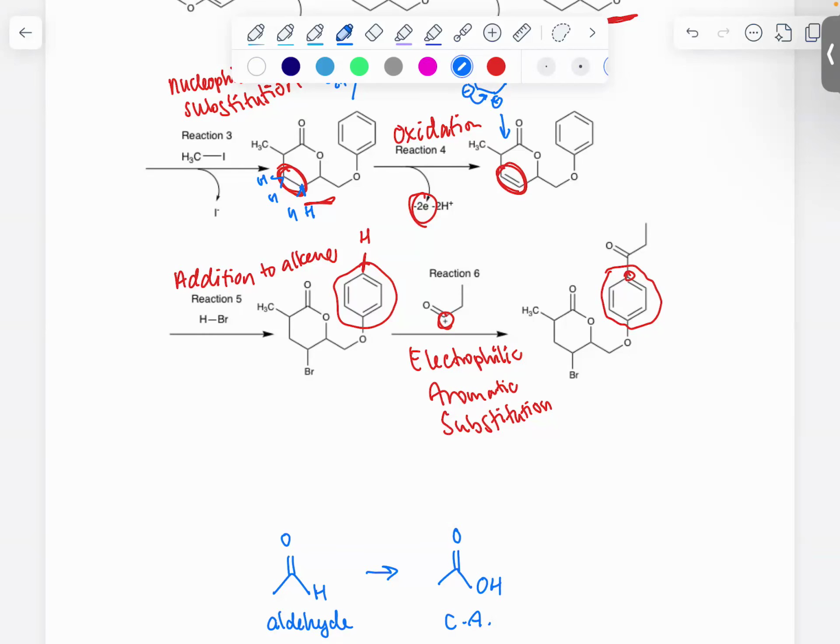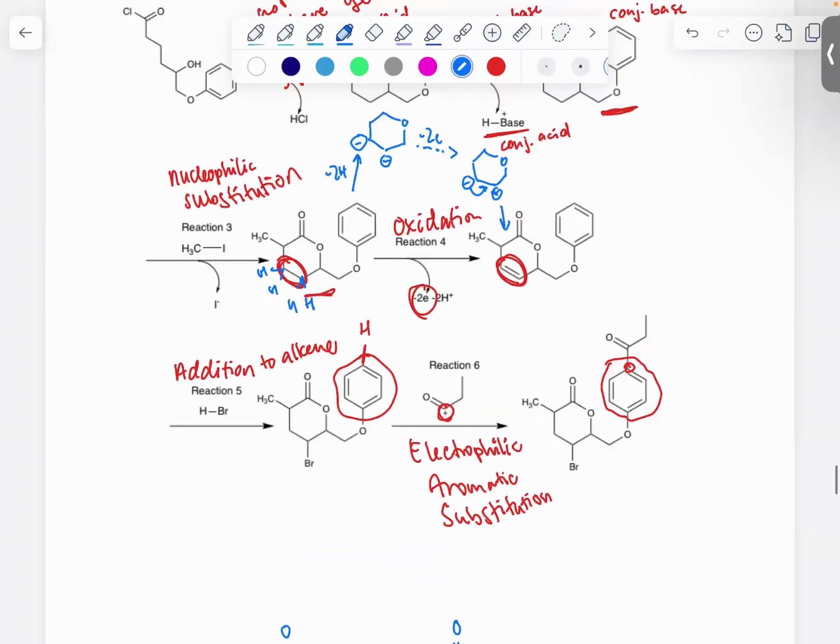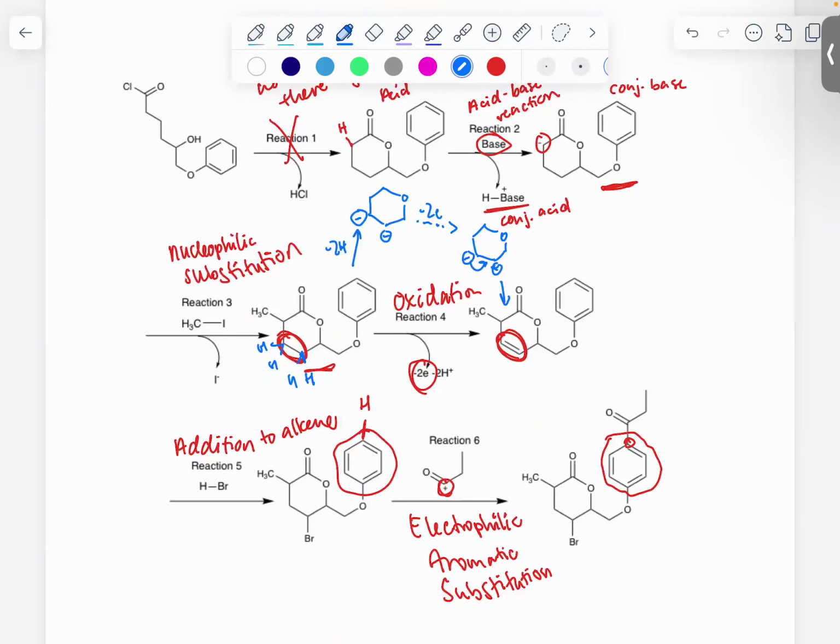So no, not always. Yeah. It could be either. Both are nucleophiles that are substituting each other. Other questions?